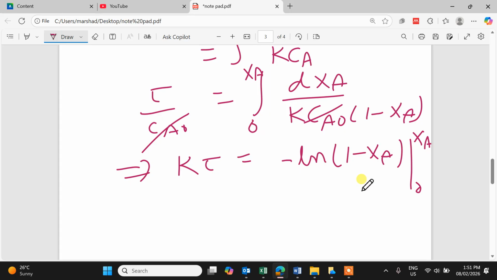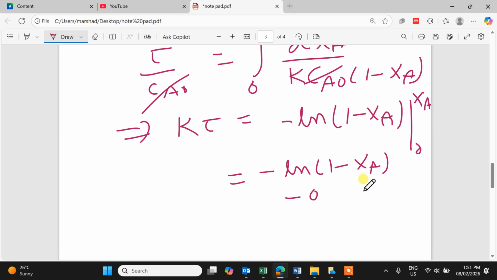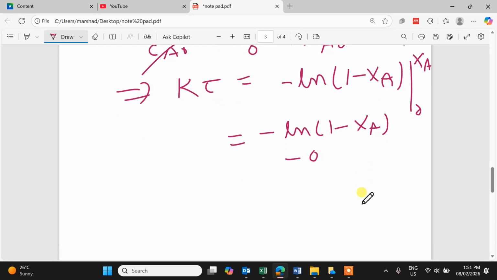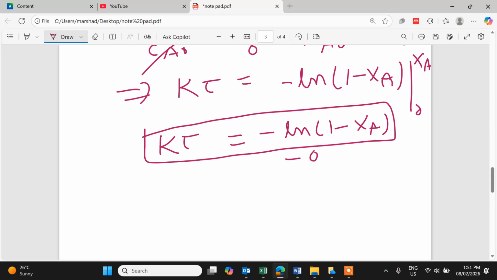Okay, if you apply the limits, first it will be minus ln(1 minus XA), and then minus the value at 0, which is ln 1. Ln 1 is 0. So we have K tau equals minus ln(1 minus XA).